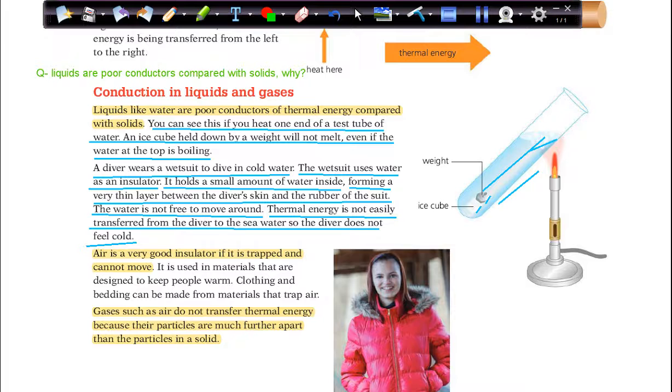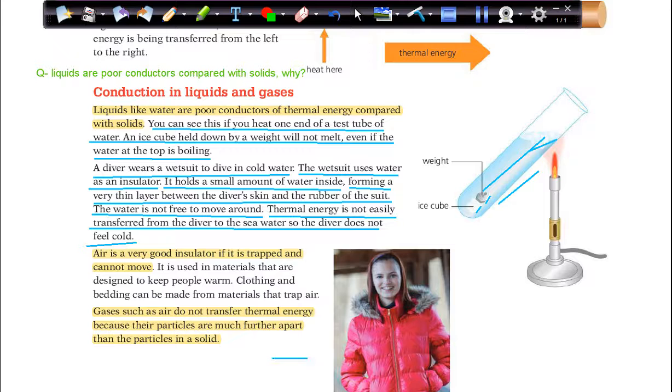The body temperature is warmer than the water of the sea. So this water can keep the body temperature stable. The body will not lose its energy, so the diver will not feel the cold.